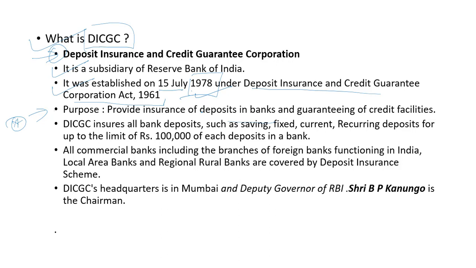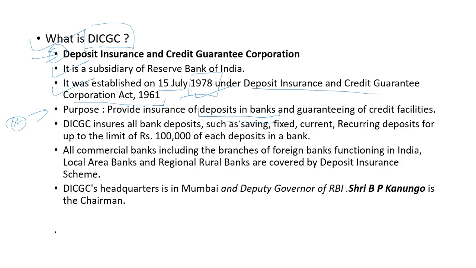So what are the deposits in banks? Mainly, all of us have accounts in banks like a savings bank account. We have fixed deposits, and other forms of accounts also, like recurring deposits.